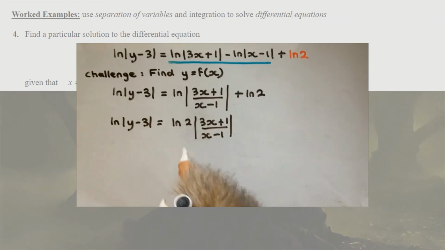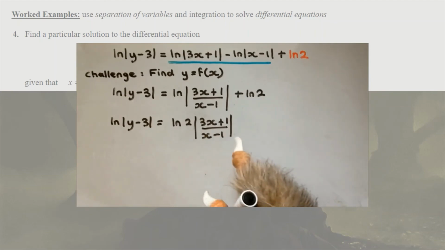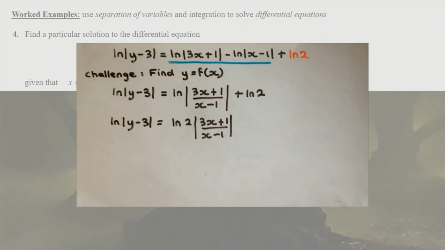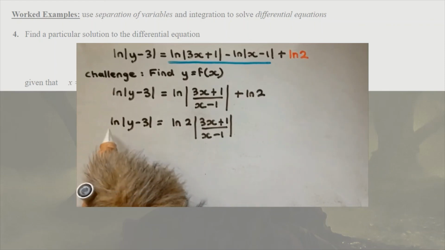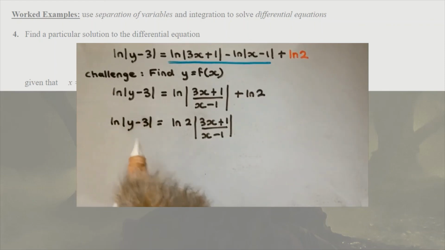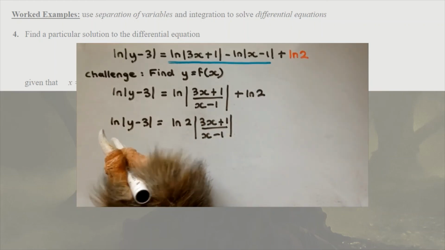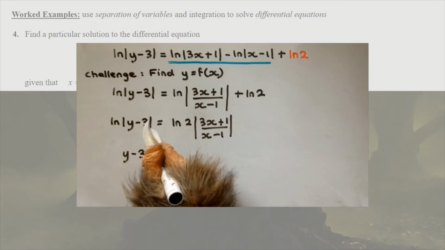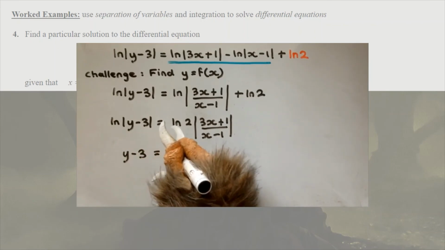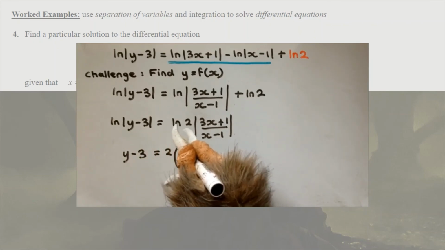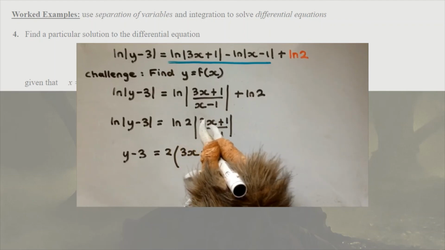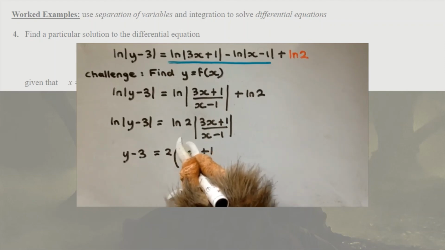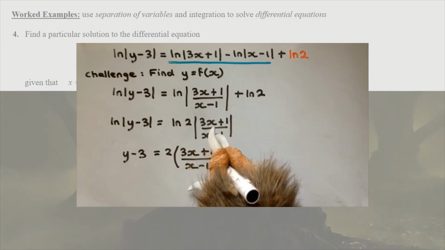So it's the log of all of this, and remember 2 is positive, so there's no need to mod it. Right, we can now just dispense with the logs. We have the log of all of this is equal to the log of all this. The logs are not necessary anymore. So we now have y subtract 3 is equal to 2 lots of 3x add 1 over x subtract 1.